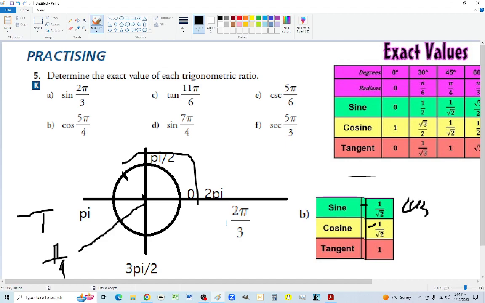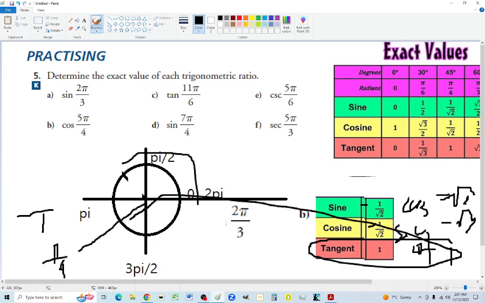Cosecant is the flip, negative square root of 2 over 1, so it's a negative. And over 1, no need to write the 1. Cosine, or sorry, secant is going to be negative square root of 2. 45 is one of the few times where cosine and sine are the same. Tangent 1, which means cotangent is also going to be 1. These are the only ones positive because we're in quadrant 3.